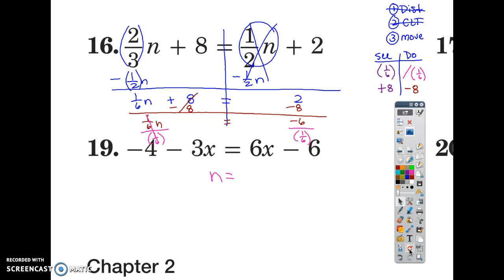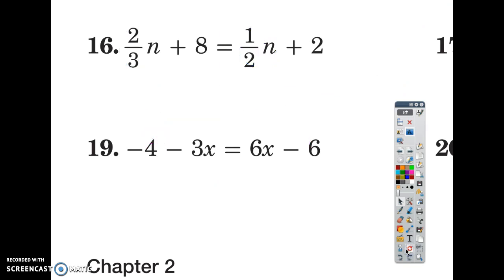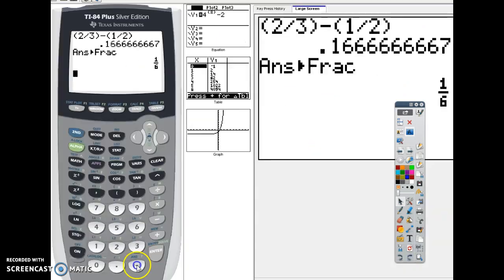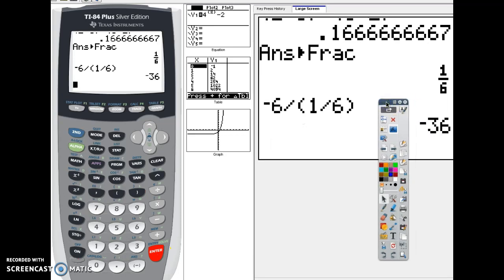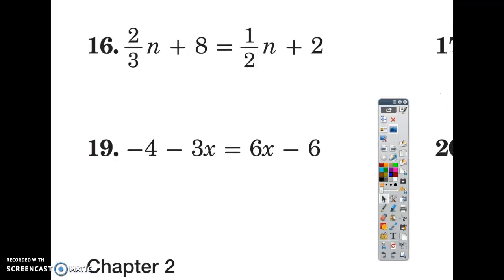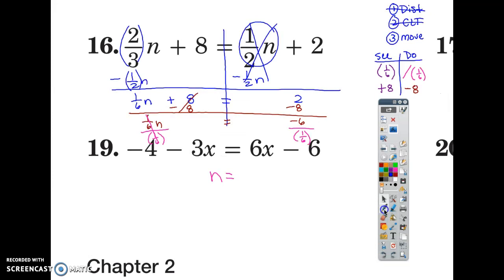Let's see, I'm getting different answers from different people, so let's put that in the calculator. Negative 6 divided by parentheses 1/6, close parentheses, enter. The answer is negative 36. So n equals negative 36 is your answer.